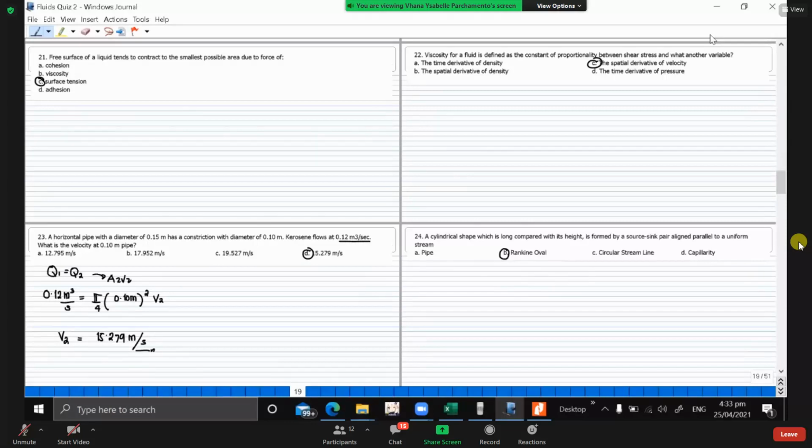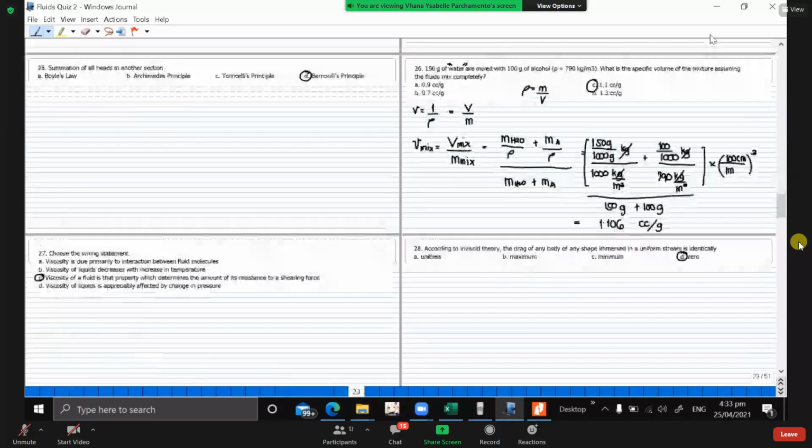Okay, 24. Ikita naman siguro, pwede mo namang i-zoom in sa inyong cellphone.